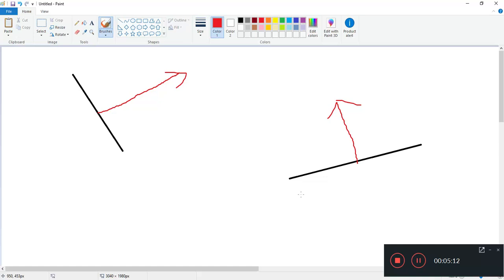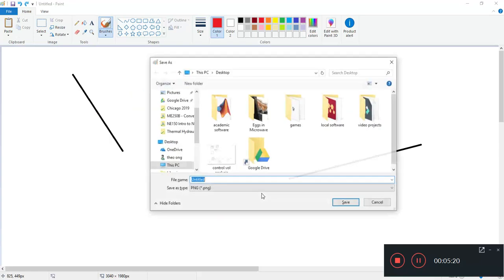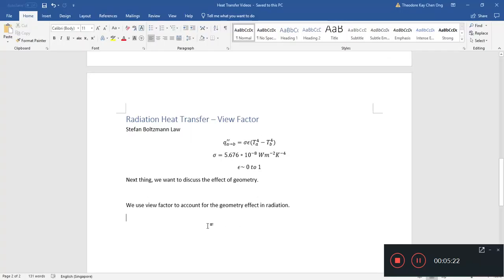So if they're not facing each other directly, we can use this thing called the view factor. Our next question is, how are we going to calculate this so-called view factor? Let's first consider the concept of solid angle.